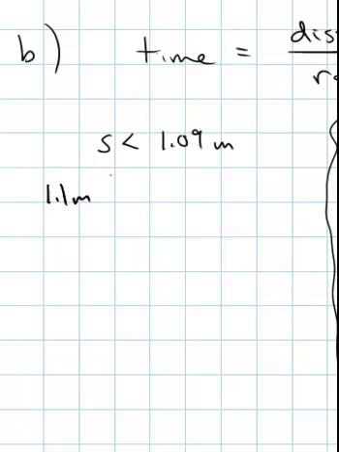So 1.1 meters is the distance in the gas, and it also travels 1.1 meters in the water. So the light travels a total distance of 2.2 meters, half of it in the water, half of it in the gas.